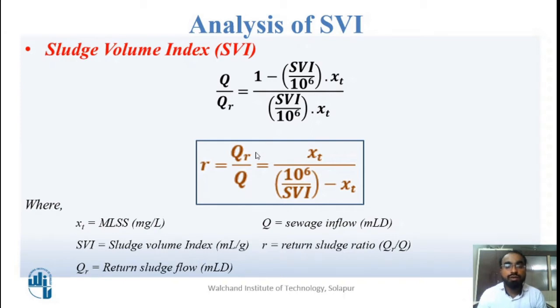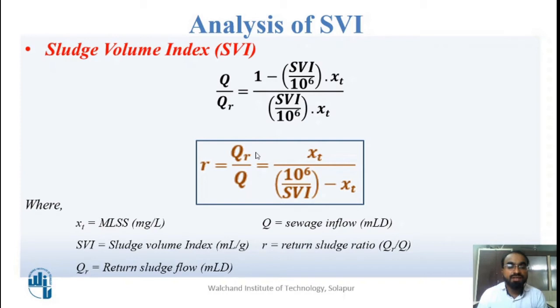I can write it as QR divided by Q is equal to Xt upon 10 raised to 6 divided by SVI minus Xt. Here what I have done is divide by 10 raised to 6 divided by SVI. After that I get a simpler form of the equation. QR divided by Q is also called the return sludge ratio.